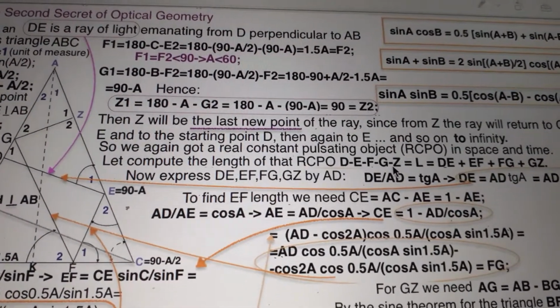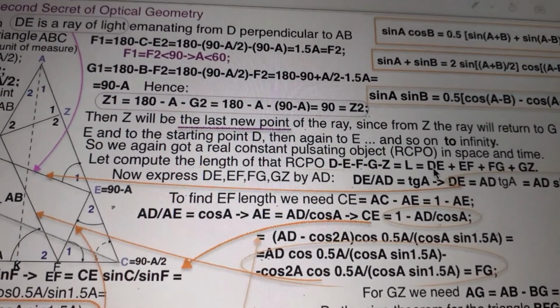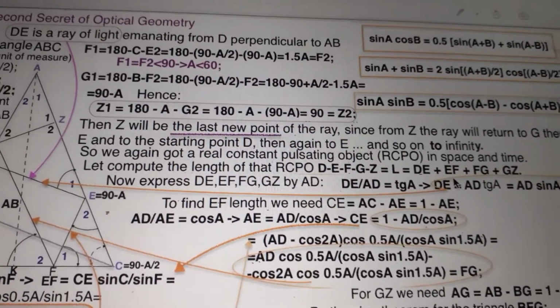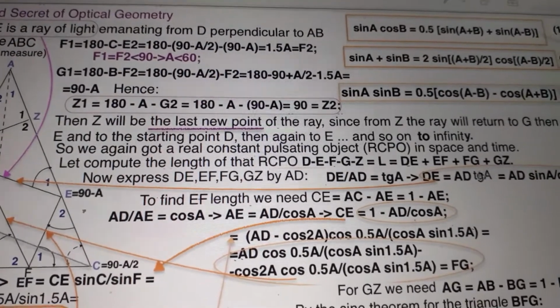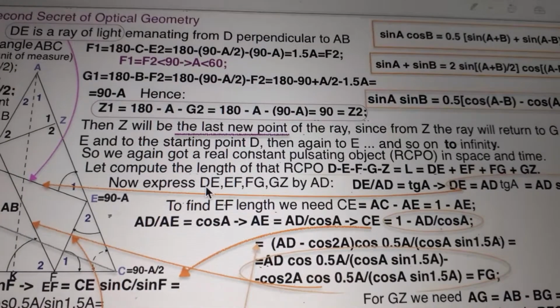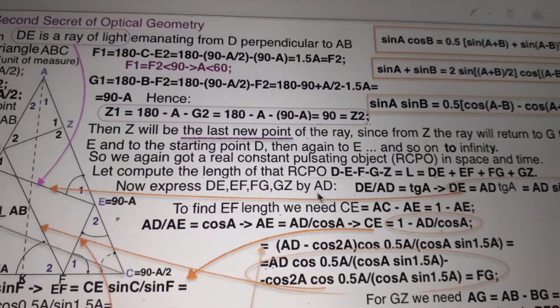DFGZ is equal to L and equal to the sum of 4 summands: DE, EF, FG, and GZ. We now express all summands by AD. It means the address of the starting point.